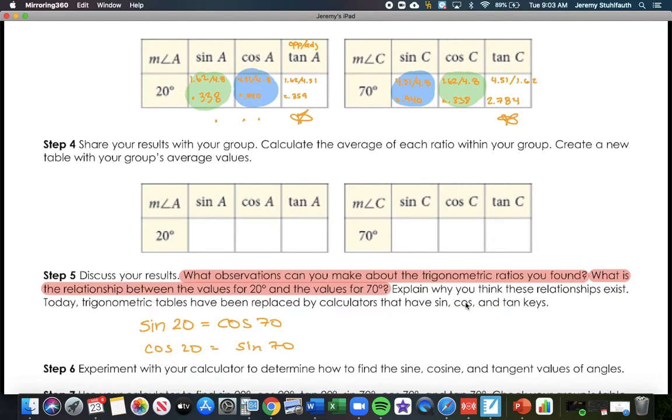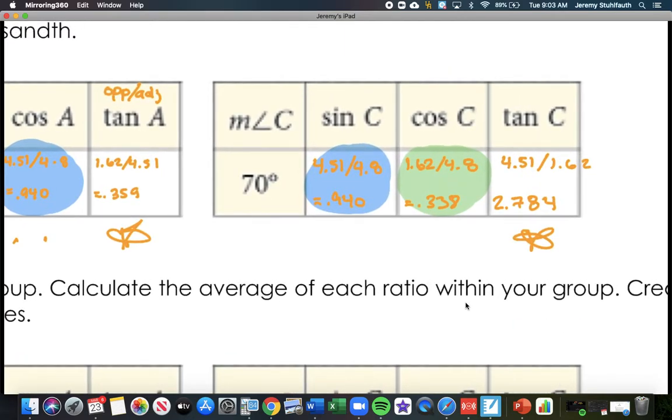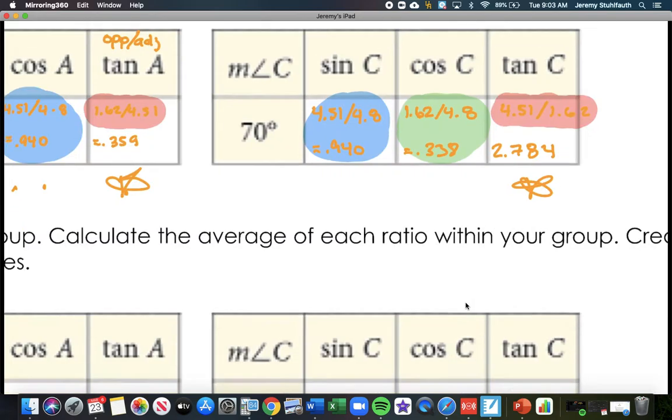Now, the tangents are not the same, but if you look at the ratios, you have 1.62 over 4.51, and 4.51 over 1.62. The numerator and denominator are flipped. And remember, when you have a ratio where the numerator and denominator are flipped, those are called reciprocals.